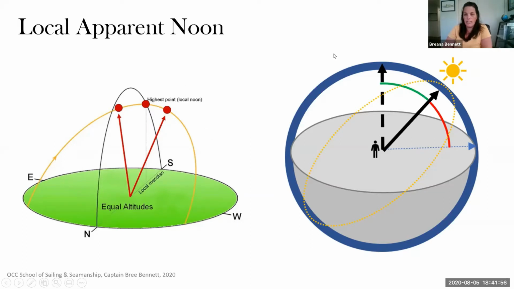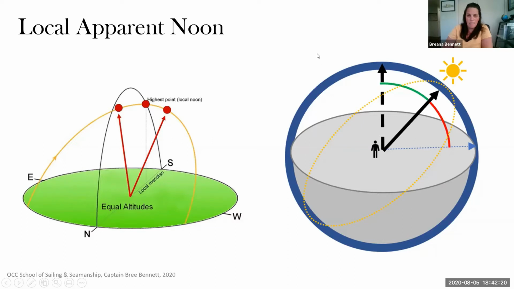Now, when we look at this guy over here, it's kind of the same kind of picture. The sun is following this orange dotted line. And then on the next couple slides, we're going to define what this green angle is and what the red angle is.